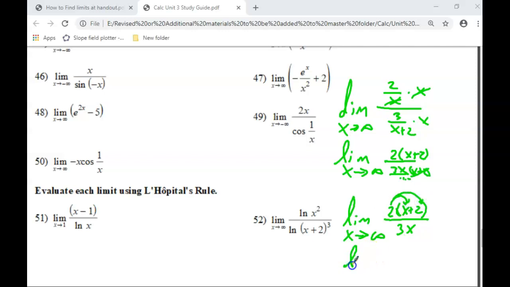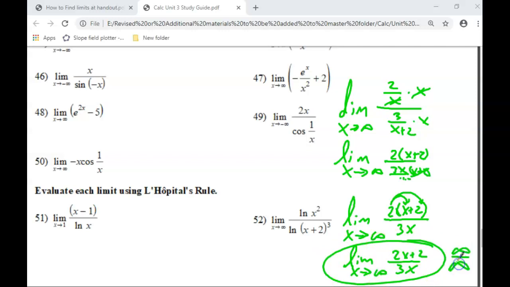That's going to give me 2x plus 2 over 3x. Now, this looks familiar. You could just plug in again. You're going to get infinity over infinity, right? And then just do L'Hopital one more time. And you end up with the limit of this of 2/3, which is just 2/3.